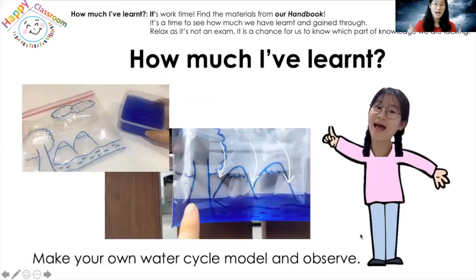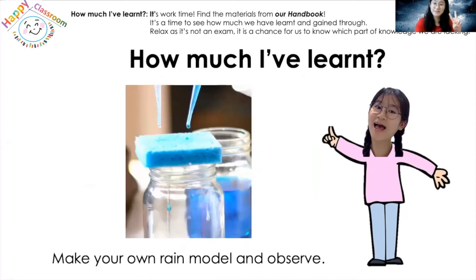After we know that, let's see how much I've learned. Let's make our own water cycle model and observe how water evaporates and becomes water vapor, how water vapor condenses, and how water drops, precipitates, and accumulates. For the second activity, we can make our own rain model and observe how the rain drops and precipitates to the ground.